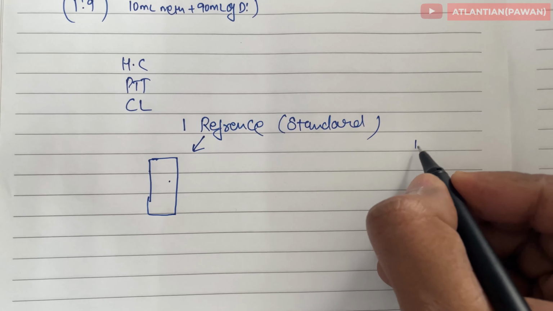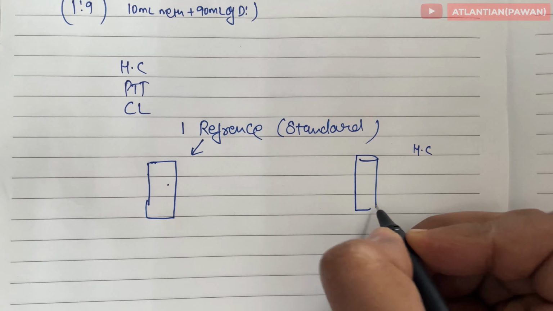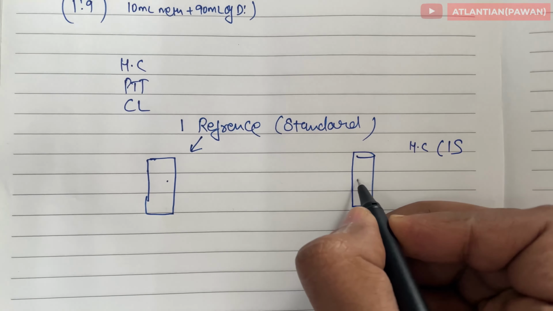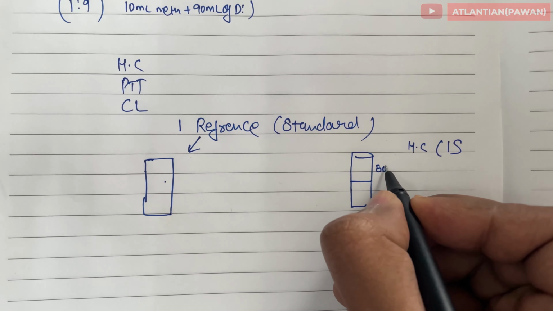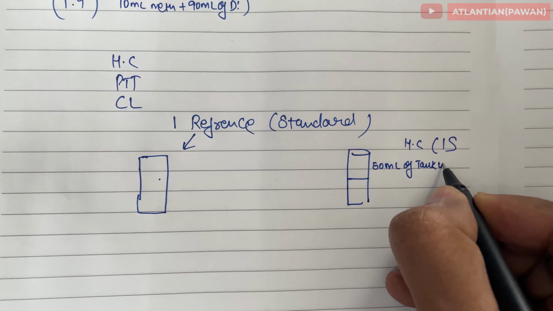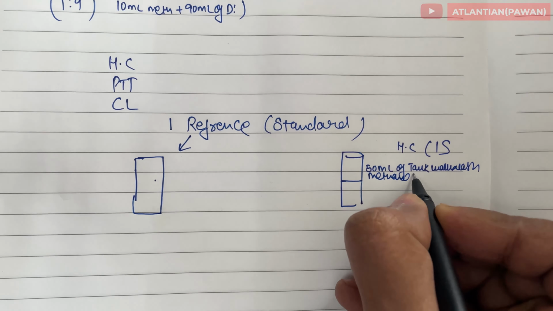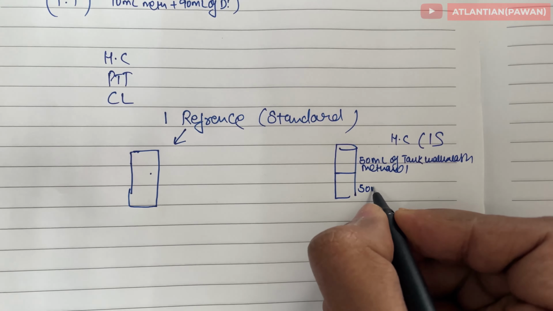So if I wanted to do a hydrocarbon test for tank one starboard, then normally, as I said, I add 50 ml of tank wall wash methanol and then 50 ml of DI water.